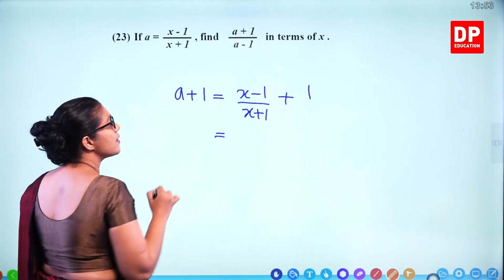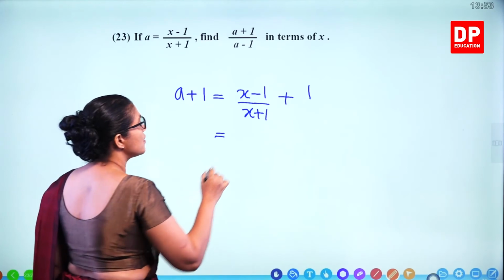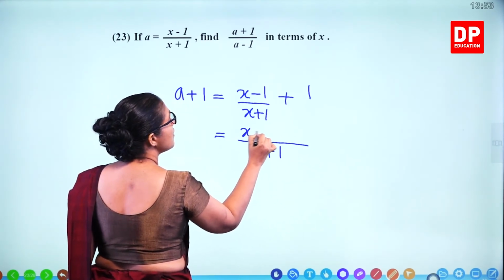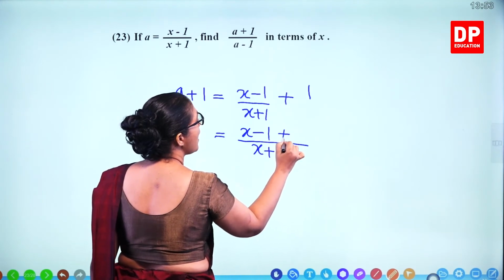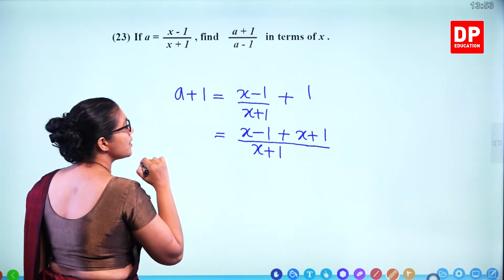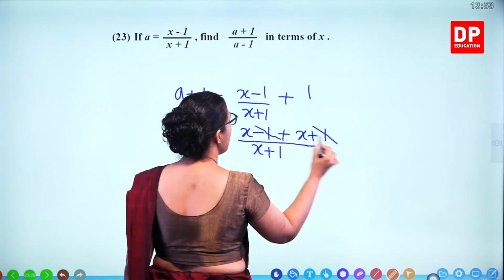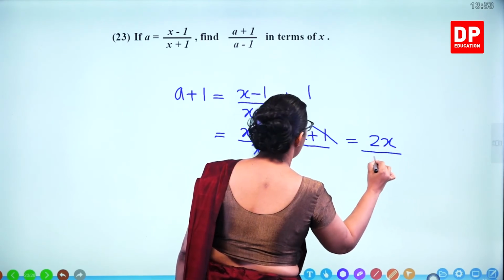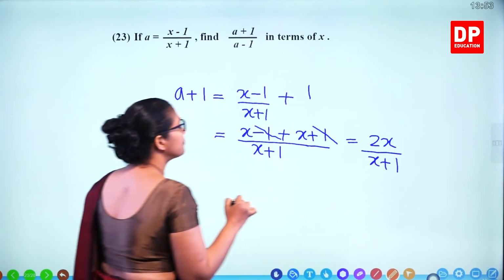So you have to make the same denominator. Here x plus 1 is the lowest common multiple. You get x minus 1 plus x plus 1. Minus 1 and plus 1 get cancelled out. Here x and x becomes 2x over x plus 1.